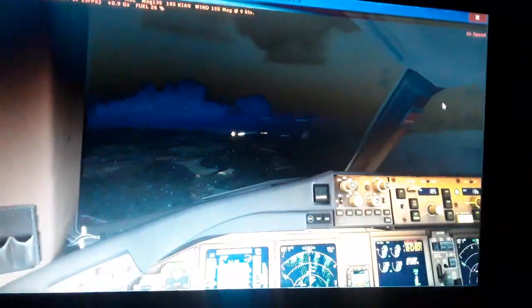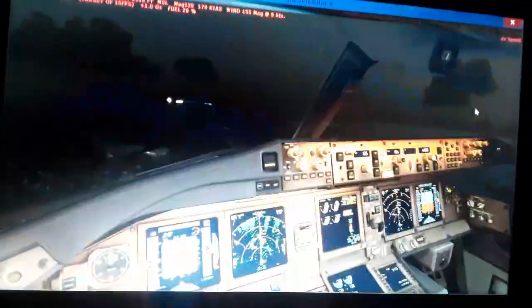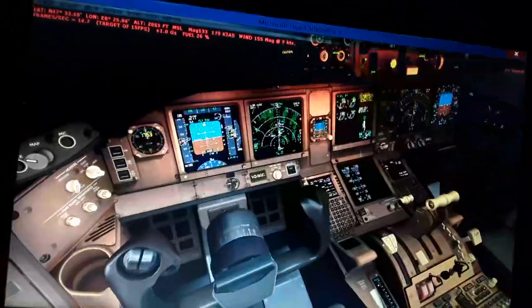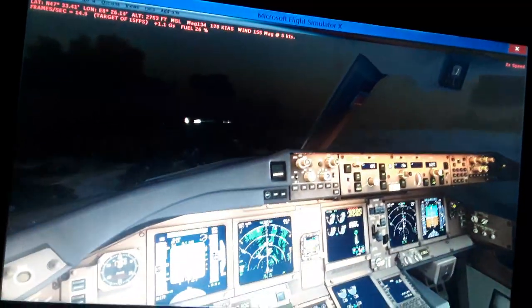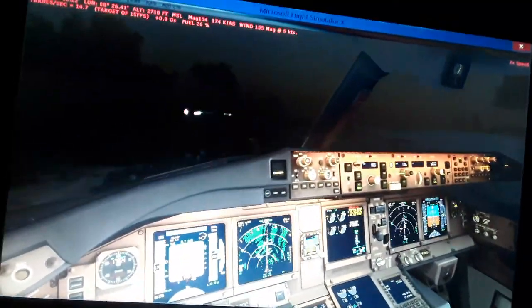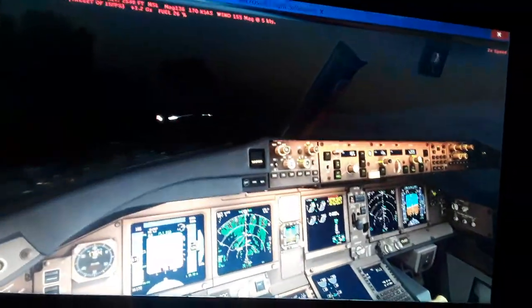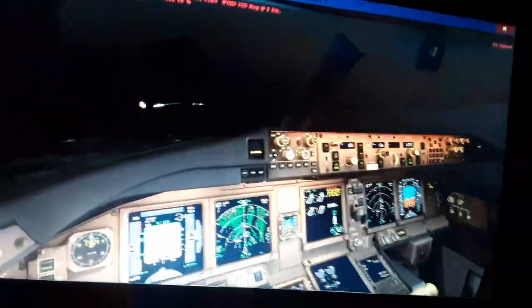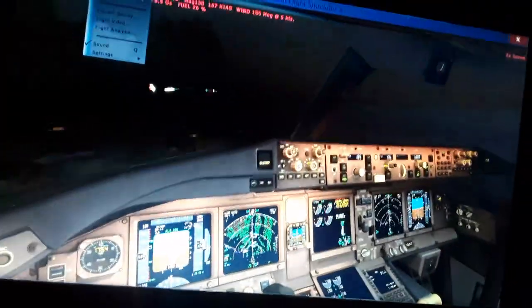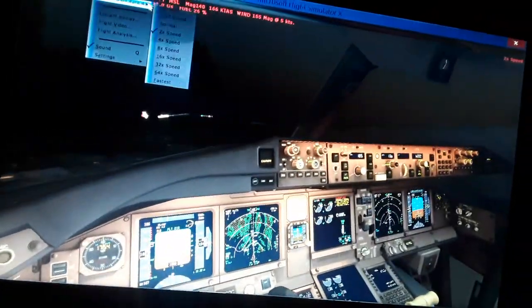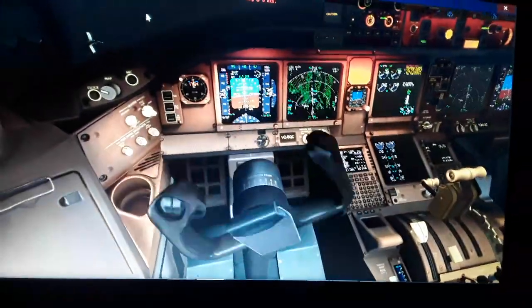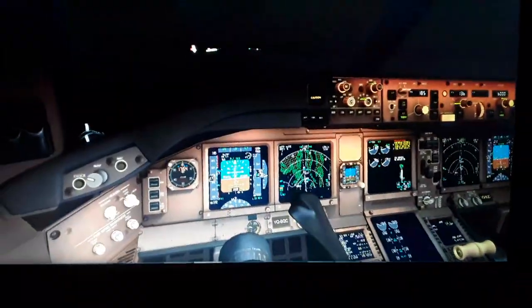So you can see the LSZH localizer also. We're flying manually. All flight controls are manual right now. Also the thrust levers. So you can see all the flight controls are manual, and we're going for the runway.